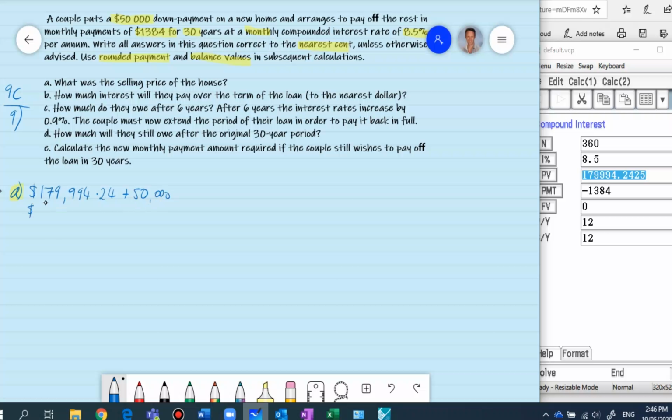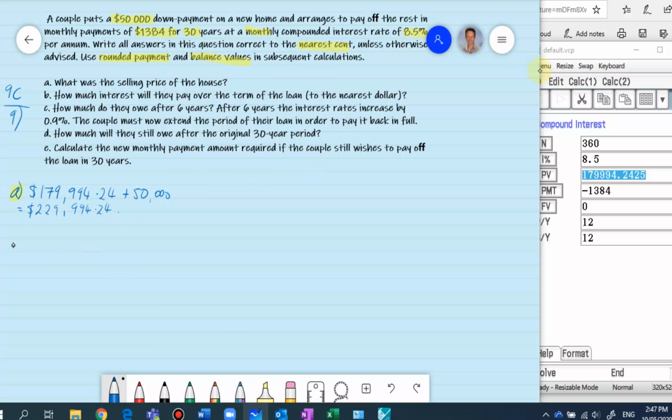So now we're looking at $229,994.24. Okay, so that's part A. So we have to take what the present value is. We found the present value based on the fact that we're paying that over 360 months at that rate. And that gives us a present value of what they had to loan based on the fact they had a deposit of $50,000.